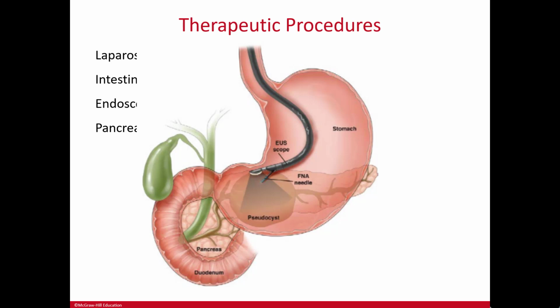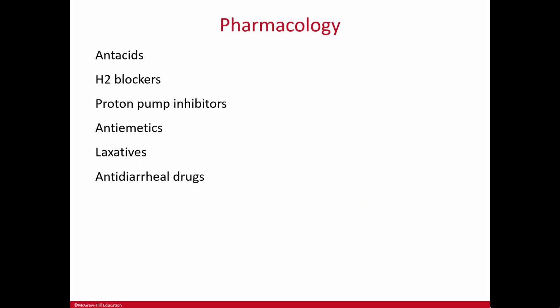It's almost like you're passing a little teeny tiny ultrasound all the way down into the first part of the small intestine to get those ultrasound images of the pancreas from the inside. It is a great tool to get images of pancreatic tumors and cysts and to assist in diagnosing acute and chronic pancreatitis.